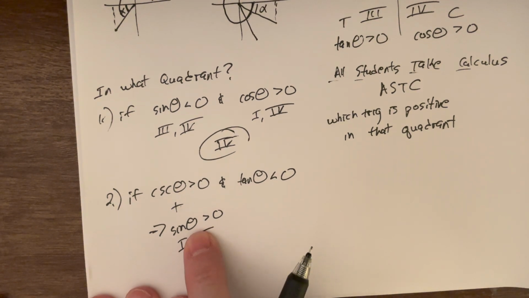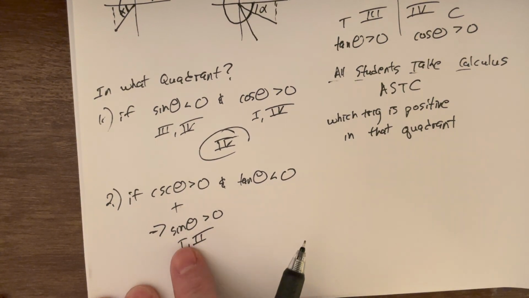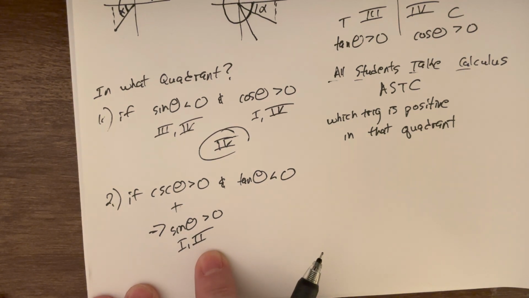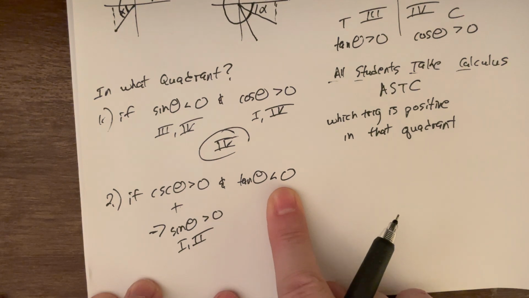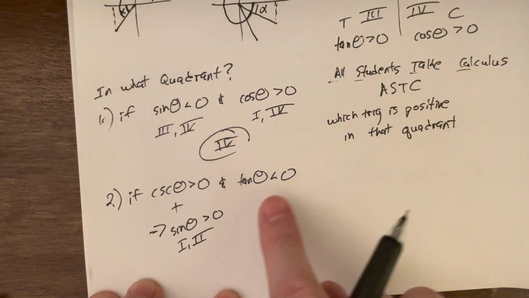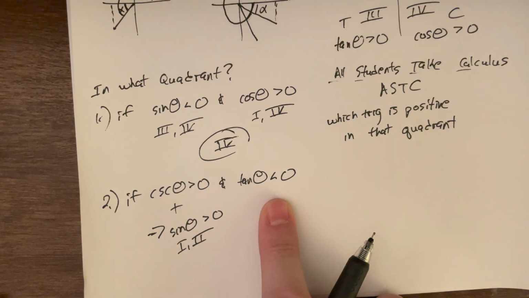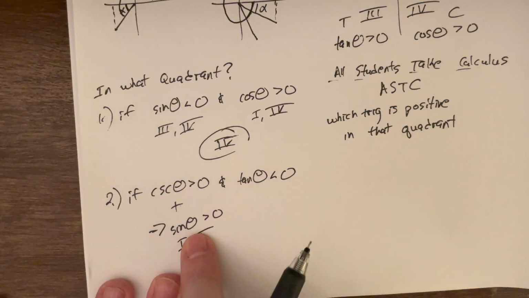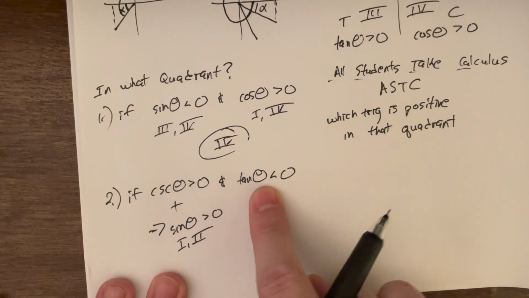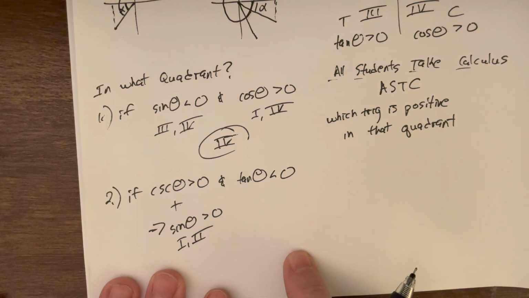Or you use the Y and say, when is Y positive? When you go up, and that puts me in either quadrant 1 or 2. For tangent, that's where ASTC helps. Some people can still fight their way through with Y and X, but that's a nice reason to include tangent here. Tangent is less than 0, so sine divided by cosine has to give me a negative.